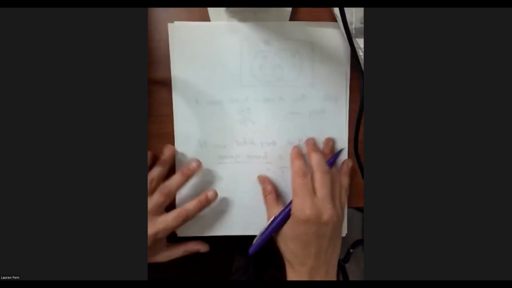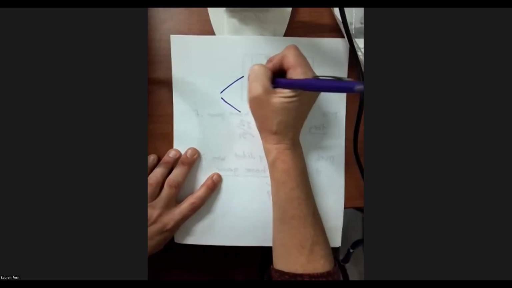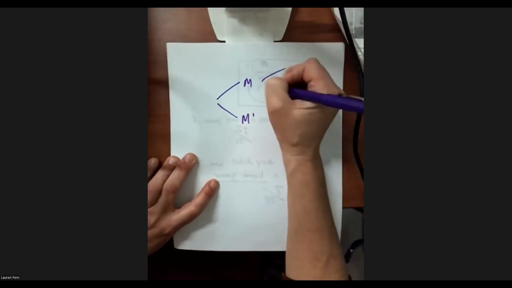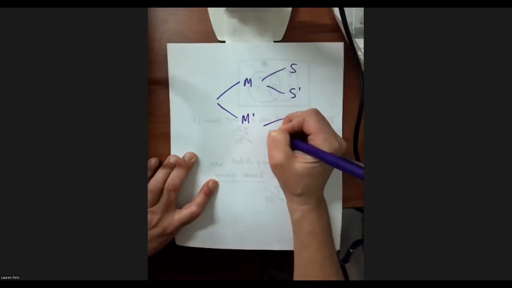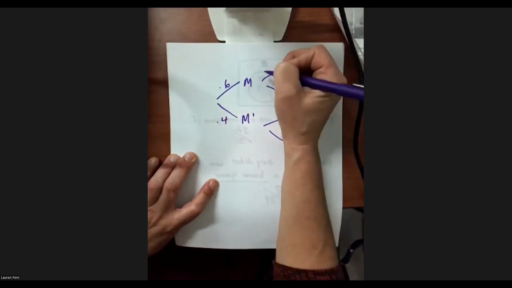Awesome. All right. The next one I'm going to do is I'm going to make up a tree diagram and I'll tell you what it means. And I just randomly put in numbers.